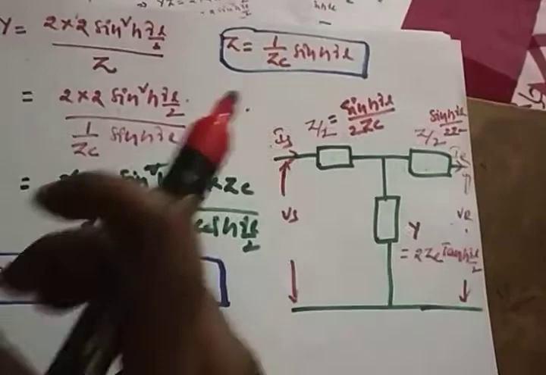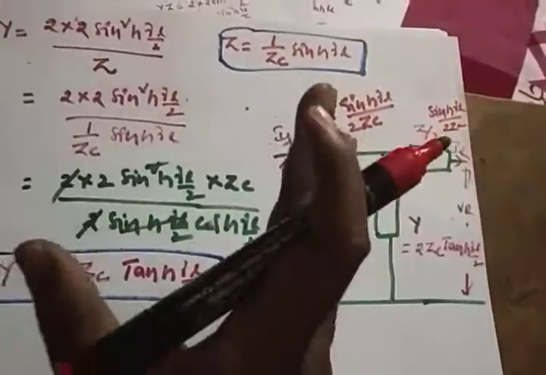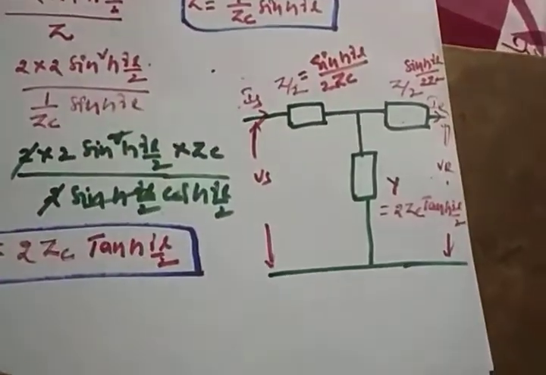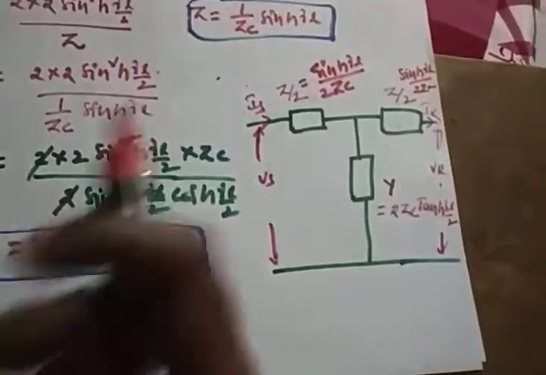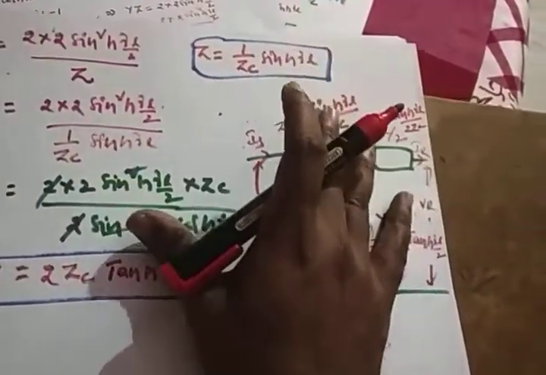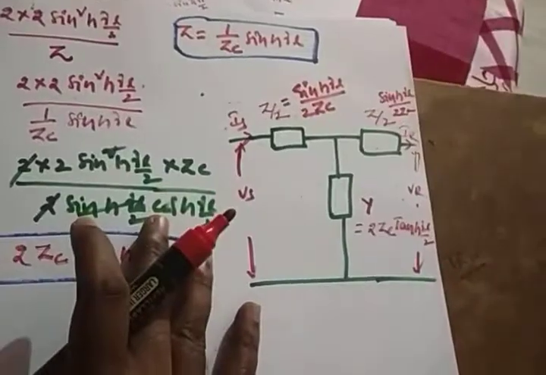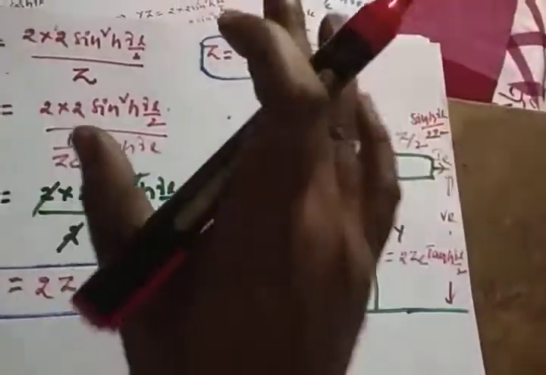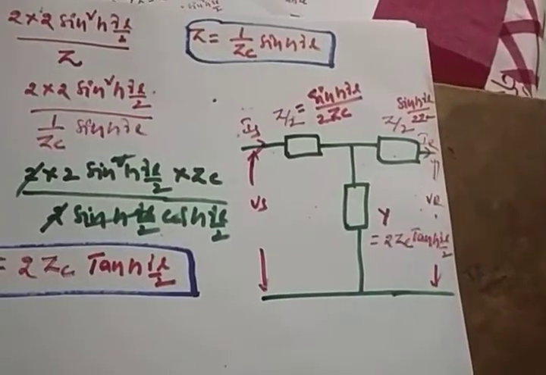In the next session, we discussed what is the voltage regulation of a long transmission line, and what is the efficiency of a transmission line. There is nothing to know beyond that, because for each and every transmission line the voltage regulation and the efficiency are defined the same way. But we have to know what the voltage regulation and efficiency of a long transmission line are.